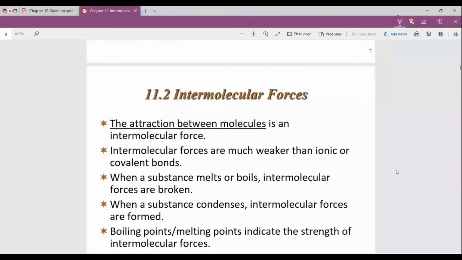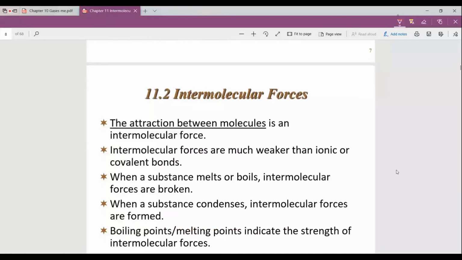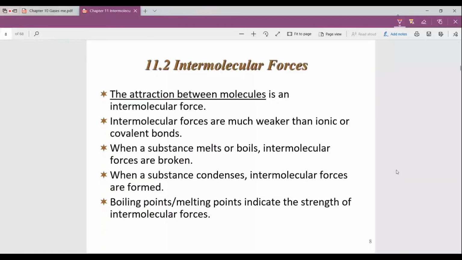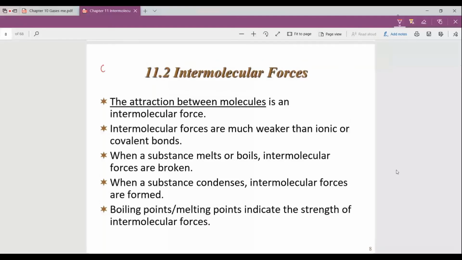Now come to the intermolecular forces. Okay, intermolecular forces are between molecule and molecule, like CH4 with CH4. This is intermolecular forces. Between CH4 and CH4, they have intermolecular forces. If it is within the molecule, that is intra.